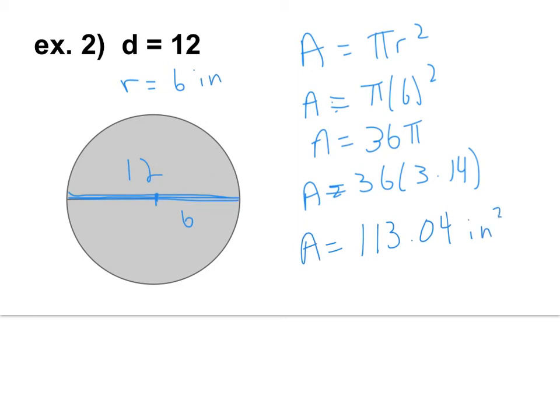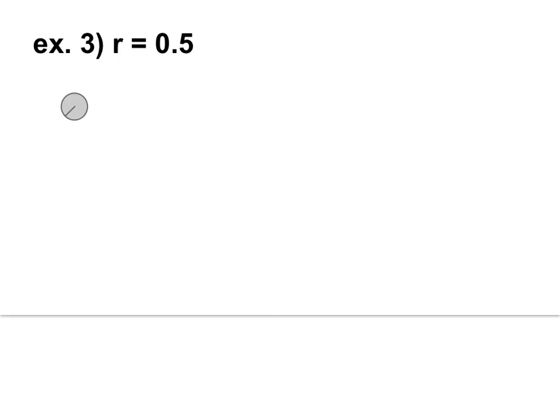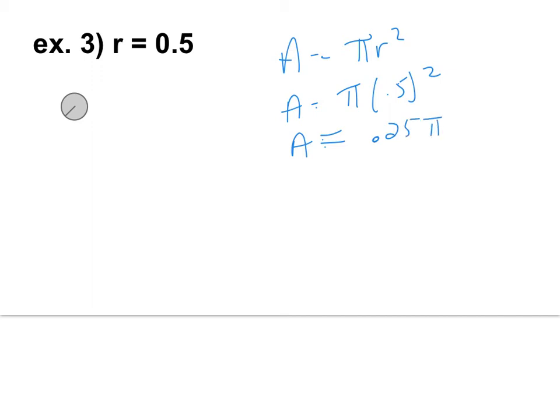Let's try another one. Okay, so here we have 0.5 is our radius. So area equals pi r squared. So area equals pi times 0.5 squared. So area is going to equal 0.25 pi.